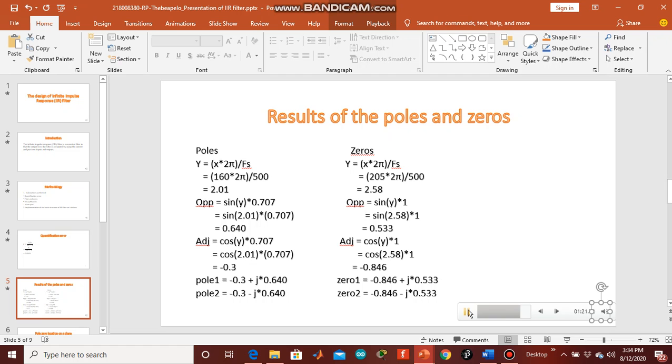That led us to obtaining zero 1, which is negative 0.846 plus j multiplied by 0.533. Zero 2 is obtained by taking the conjugate pair of zero 1, where the j becomes negative.